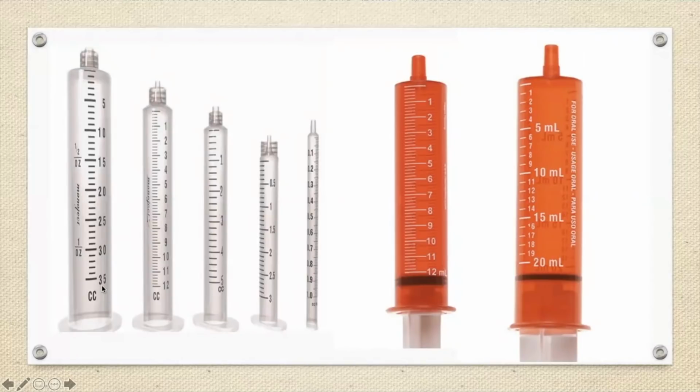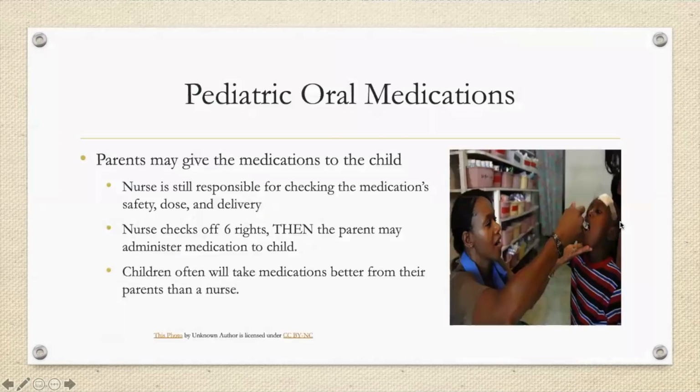One that is like 35 cc, each one of these is going to be 1. And then likewise in the oral, each one of these is 0.2, 0.4, 0.6, 0.8, 1 milliliter. Whereas in the larger 20 milliliter oral syringe, each tick mark is 1 ml. And so you would pull your plunger back to the appropriate line for the dosage that you need.